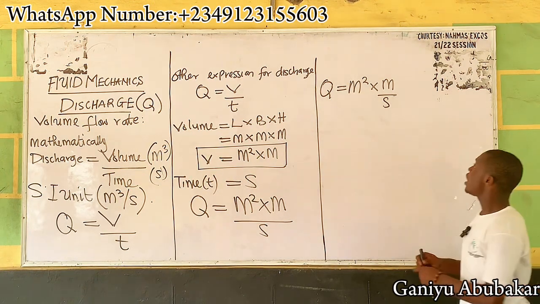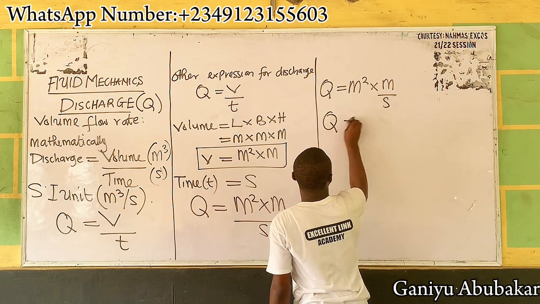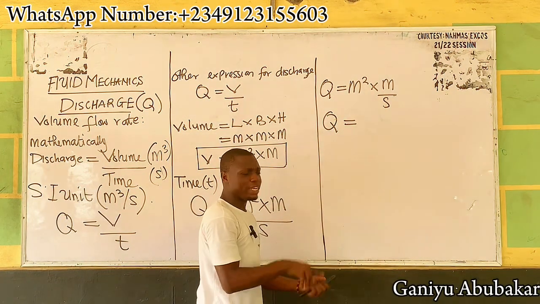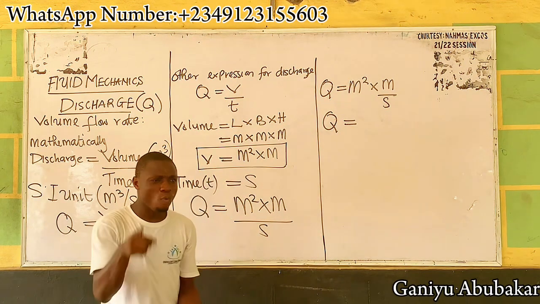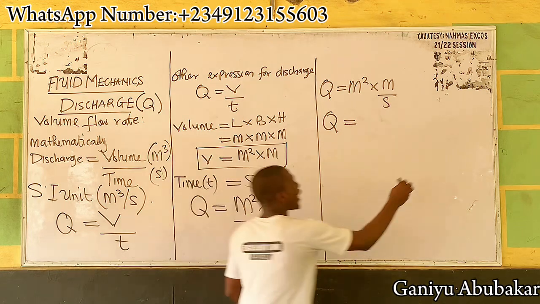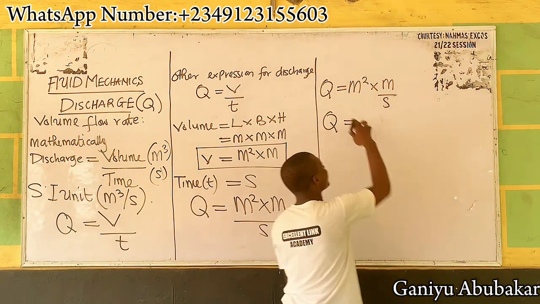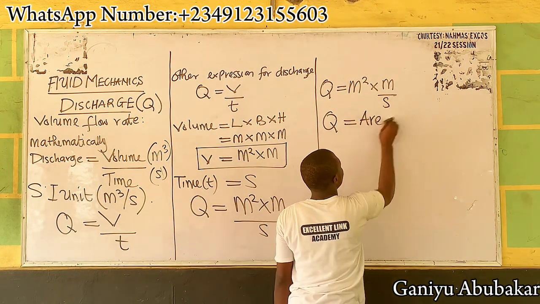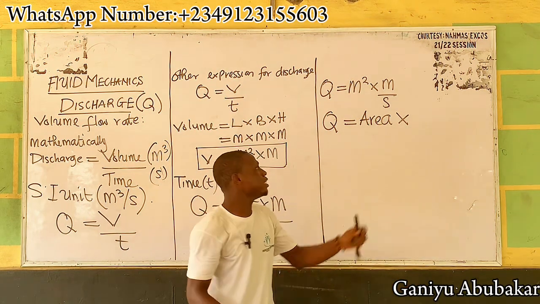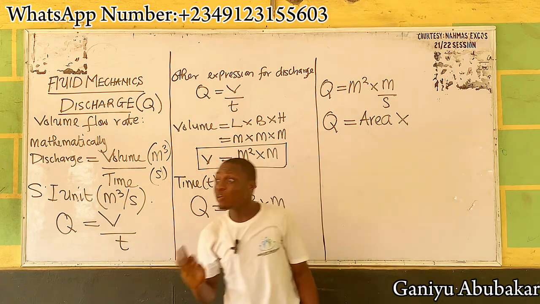Now look up. In science, there is one thing that represents meter squared, either centimeter square or meter square. What's that parameter? Area. Meter cube is volume, meter square is area. And meter per second is velocity.